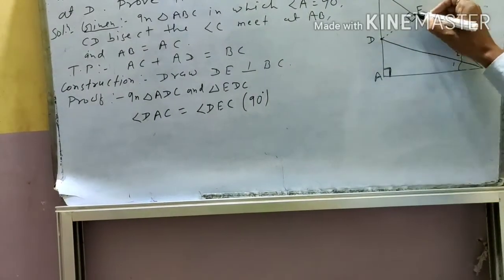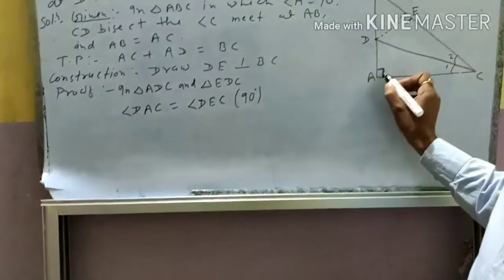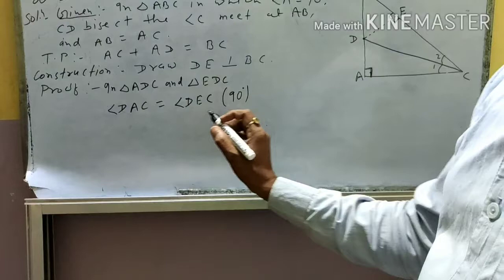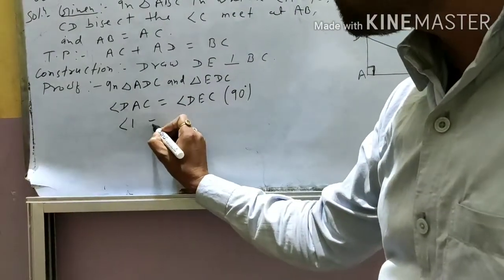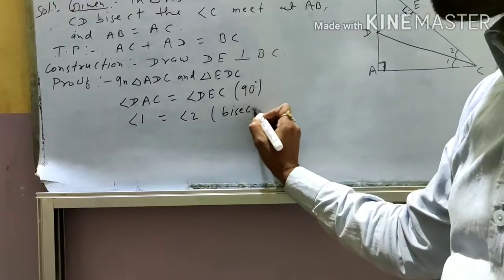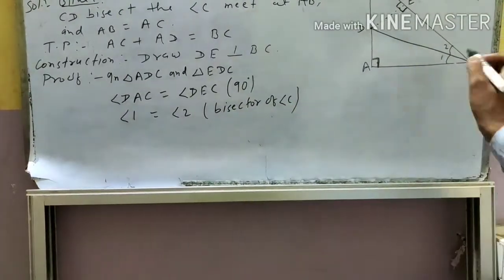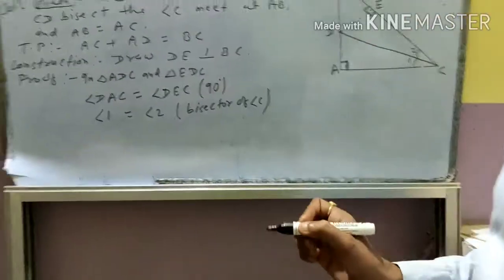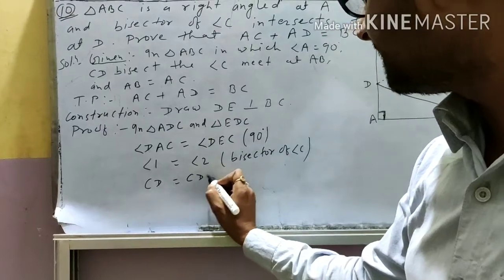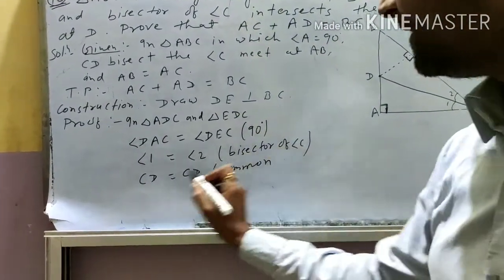That means this angle is equal to 90 degrees and this angle is equal to 90 degrees. This is given and by construction. Second thing, angle 1 is equal to angle 2, bisector of angle C. And CD is equal to CD, common.